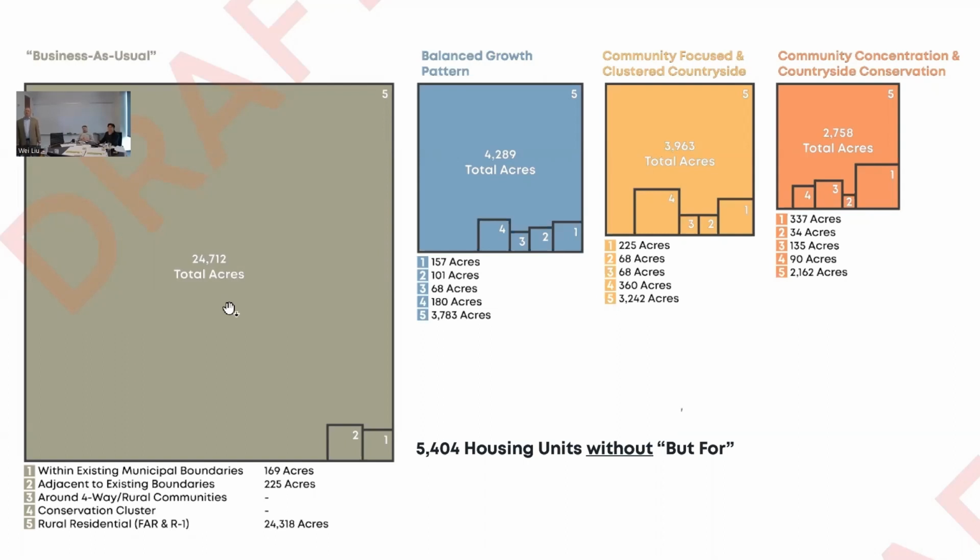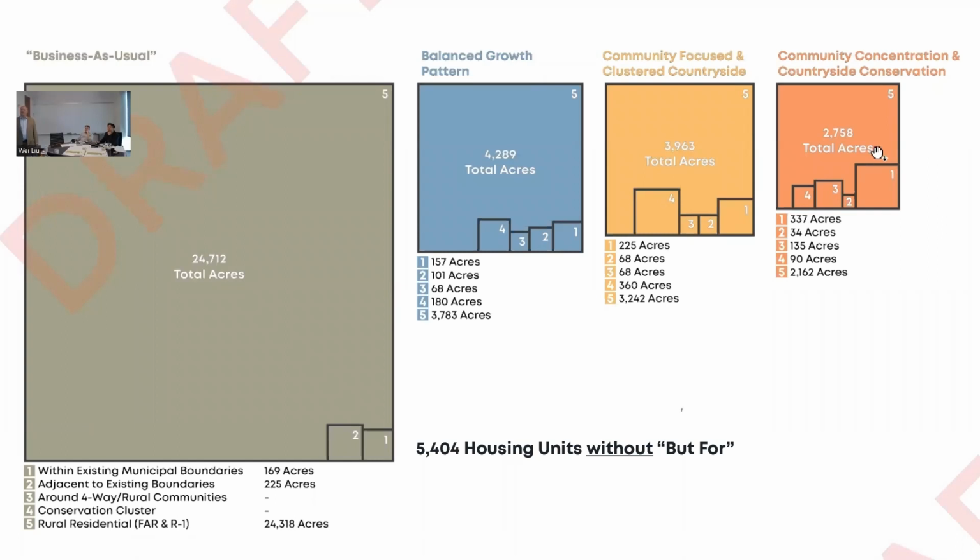And then the balance pattern, how it shrinks quite significantly down to 4,289 total acres in the community focus. In yellow, it shrinks to 3,963 acres, and then the community concentration and countryside conservation is down under 3,000 at 2,758 total acres.